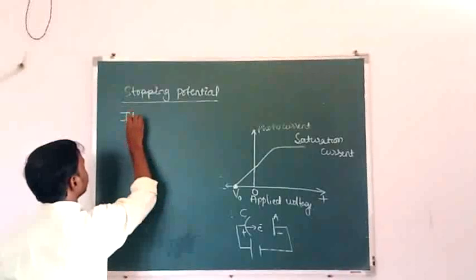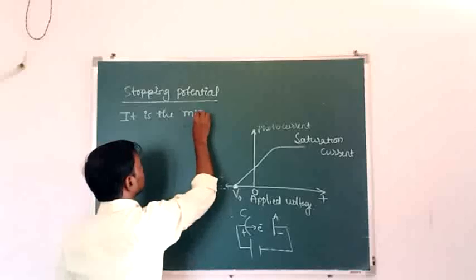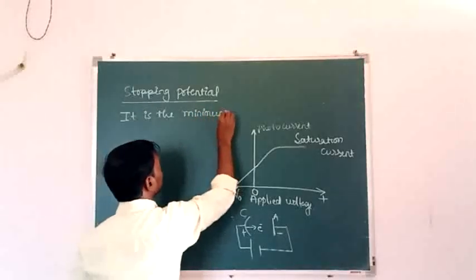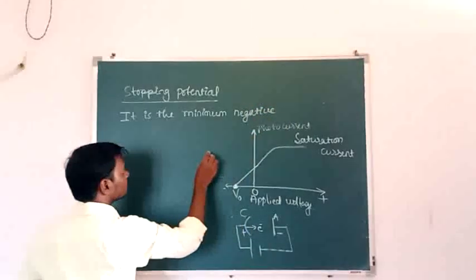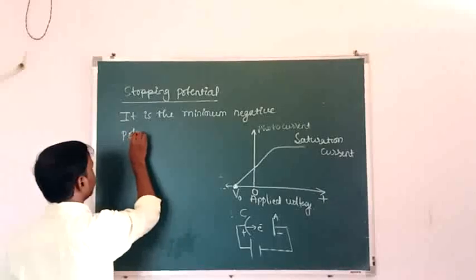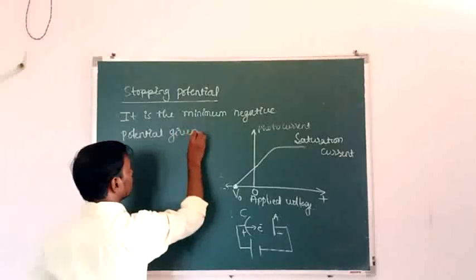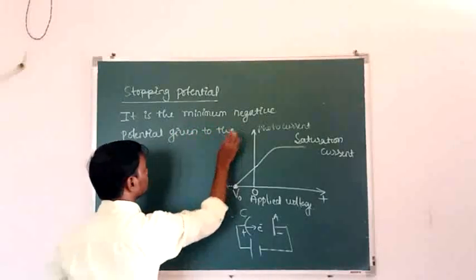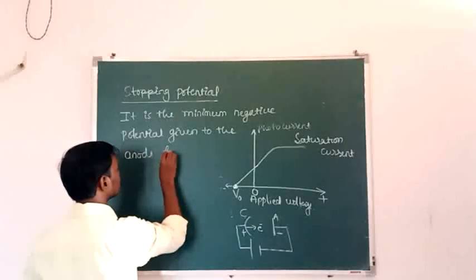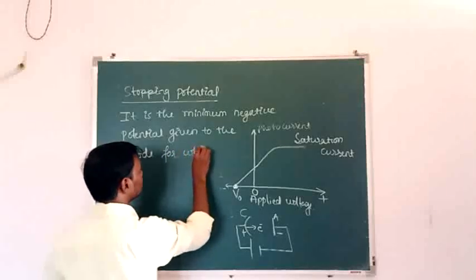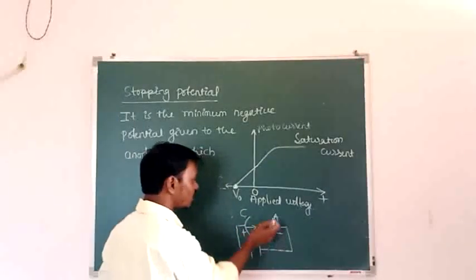It is the minimum negative potential given to the anode, for which the current in the circuit becomes zero, because there is no electron collected by the anode.